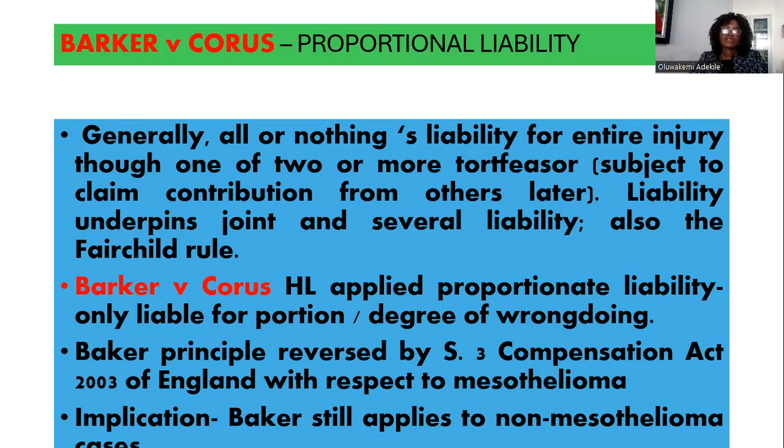Okay? The danger that the legislature saw in proportional liability was that if you say, for instance, a plaintiff had worked for 4 defendants, and they have all exposed him to the same causative agent, for instance, asbestos.